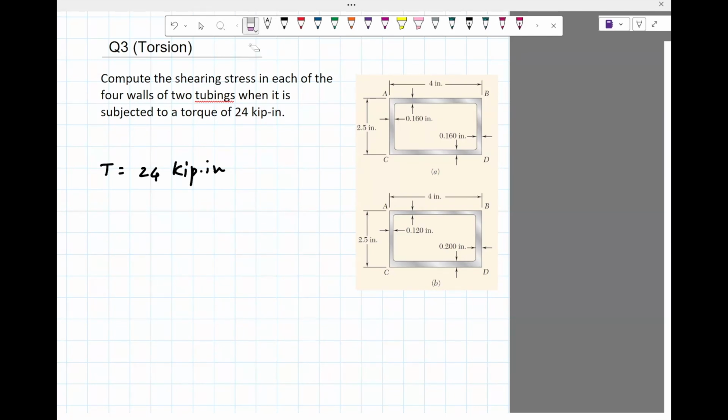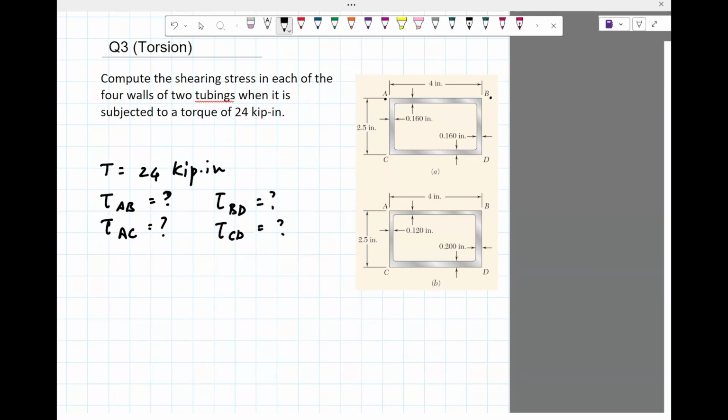So what it means is we need to find the shear stress in AB, which is unknown, tau BD. Sorry, there's no BC. My bad. There's an AB, there's an AC, there's a BD, and there's a CD.